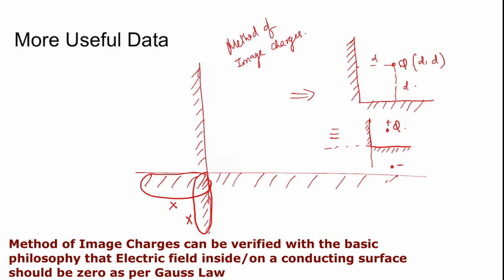Similarly this is minus q, because when you take the image you need to reverse the polarity. Similarly for this interface, you take the image of this, where you get plus q, and again you take the image of this, you get minus q.